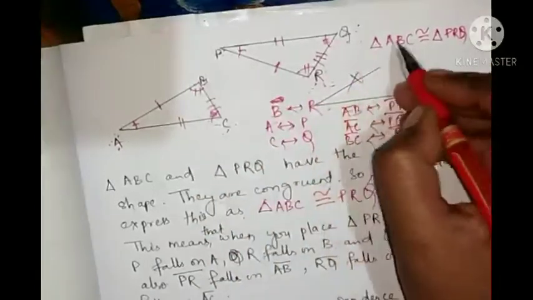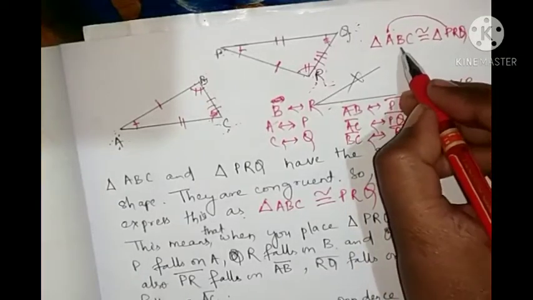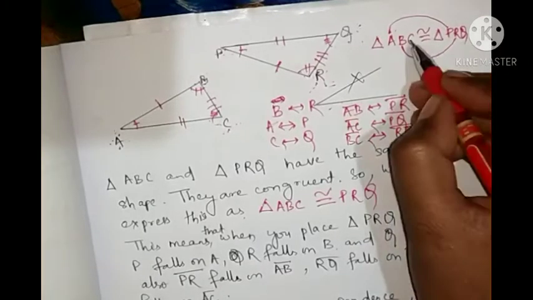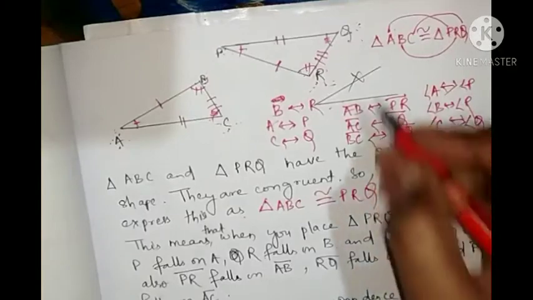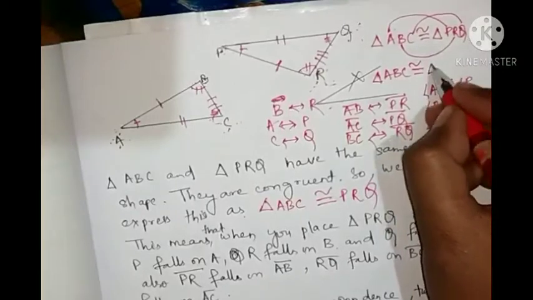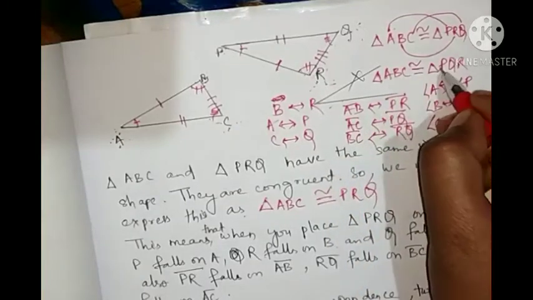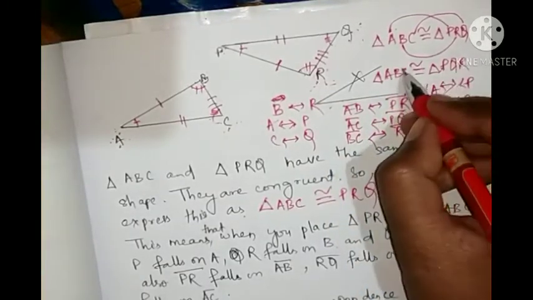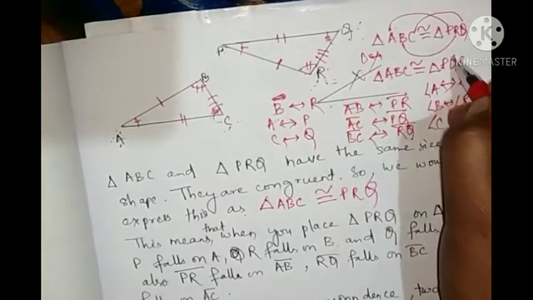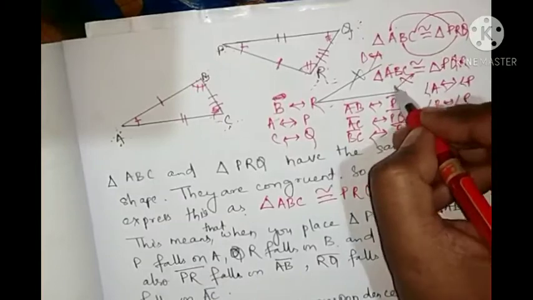It is like that because A corresponds to P, B corresponds to R and C corresponds to Q. But if I write triangle ABC is congruent to triangle PQR, then A corresponds to P, but B is not corresponding to Q, and C is not equal to R. That's why this is wrong.